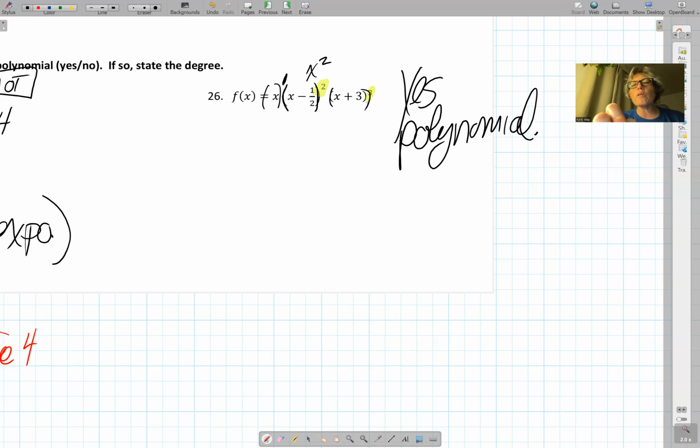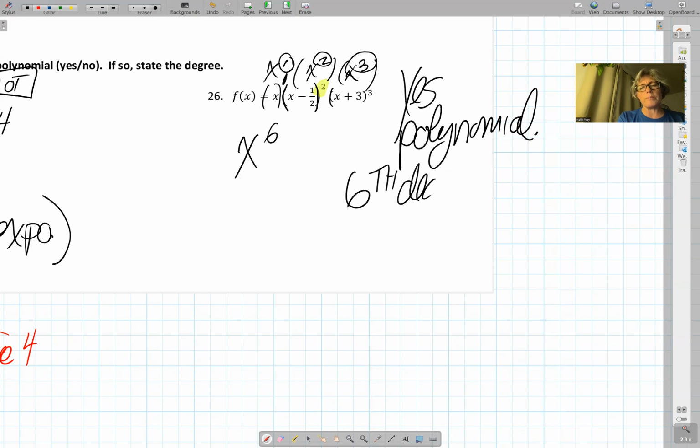And if you FOIL this, somewhere you're going to get an x to the third. Keep that in mind. And here is an x to the first, and you're multiplying, so technically you have to add the exponents. So your highest exponent, if you FOIL that all out, is going to be to the sixth. So this is the 6th degree.